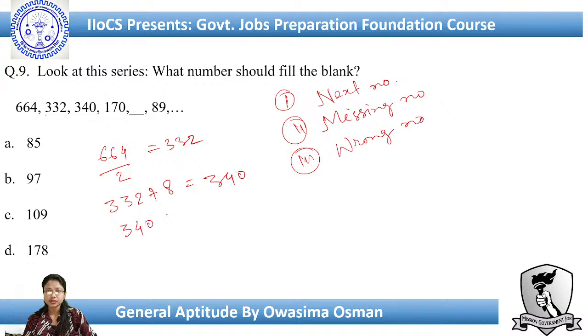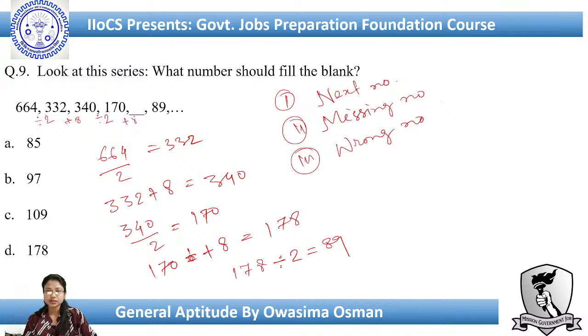If we do 340 divided by 2, we will get 170, and again 170 plus 8, we will get 178, and 178 divided by 2, we will get 89. So the pattern is: divide by 2, then plus 8, then again divide by 2, then plus 8. So our answer will be option D, that is 178.